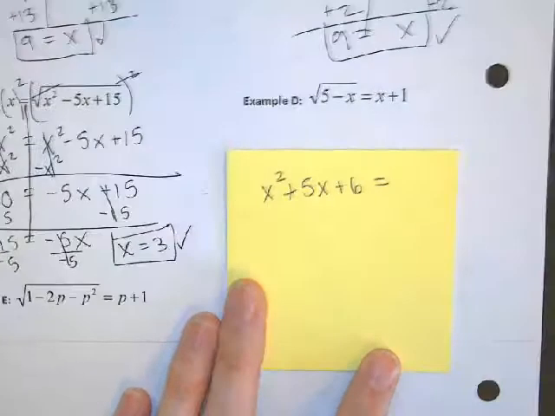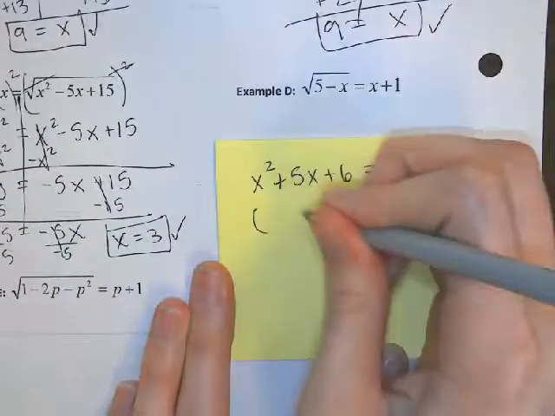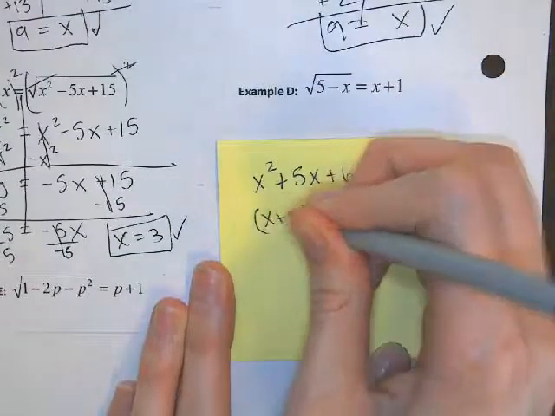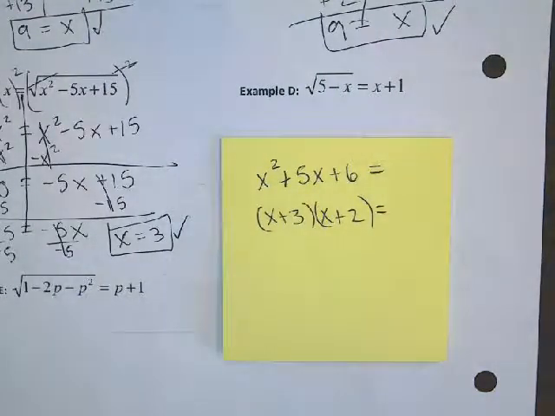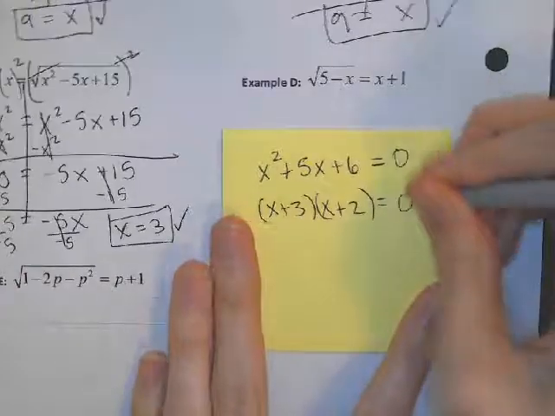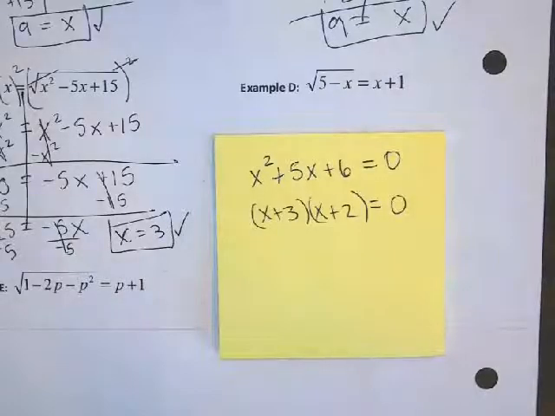If I were to factor this, and you guys know how to factor, so I'm going to do it really quickly, you would get x plus 3 and x plus 2. What do you want these to equal so that you can solve it? 0. Why 0? I taught you guys that zero product rule. It's not fractions.